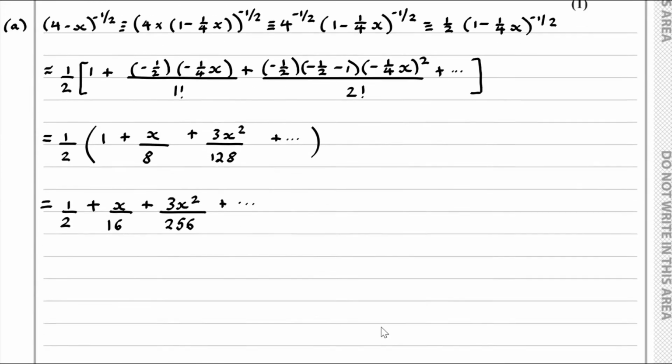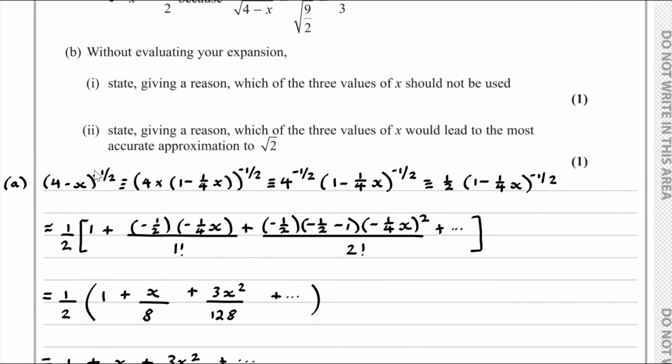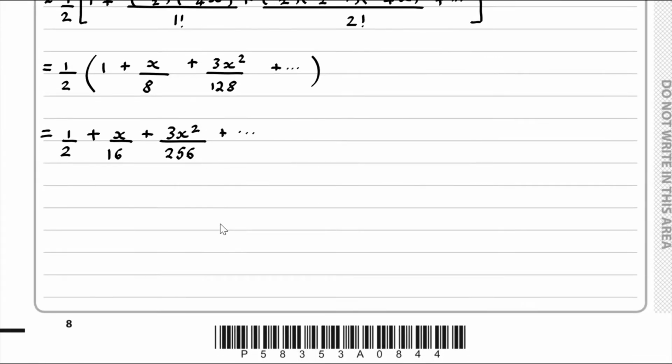Well, if we consider this expansion, considering this 1 minus 1/4 x, the range of values for which this expansion is valid, for the first part of part B, we have the mod of x over 4 being less than 1. In other words, the mod of x is less than 4.